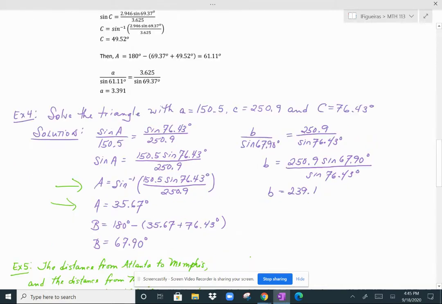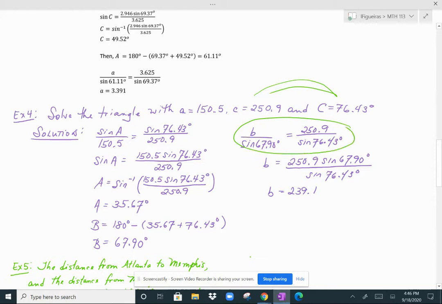But now that I know angle A and angle C was given, I can find angle B, which is 180 minus 35.67 plus 76.43. You get that B is 67.90. But now that I know angle B, I can solve for side B using the ratio that's given.